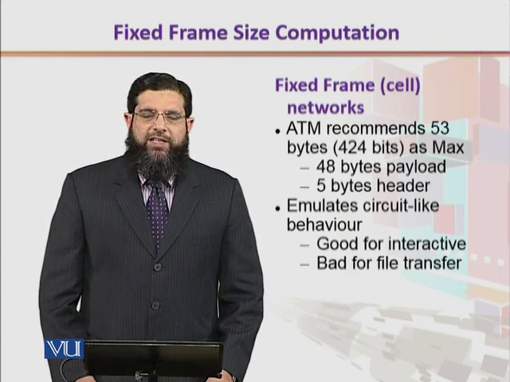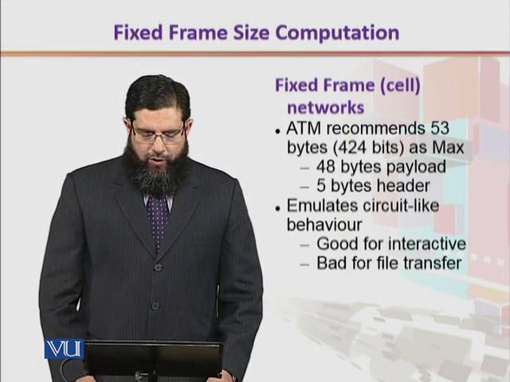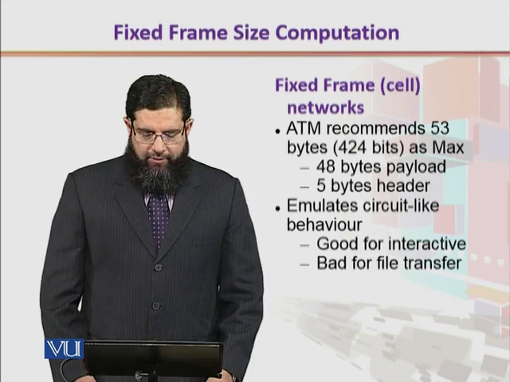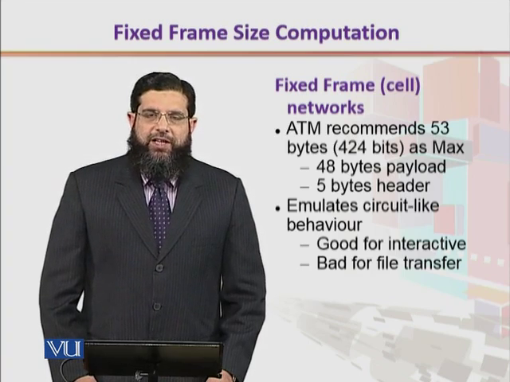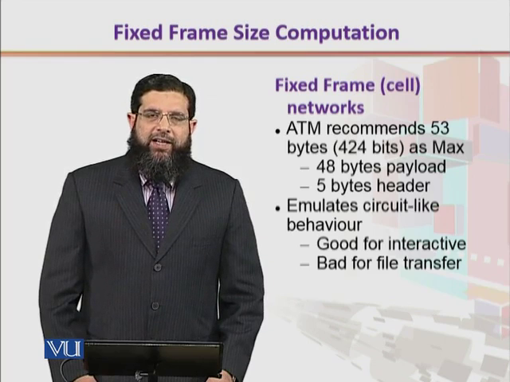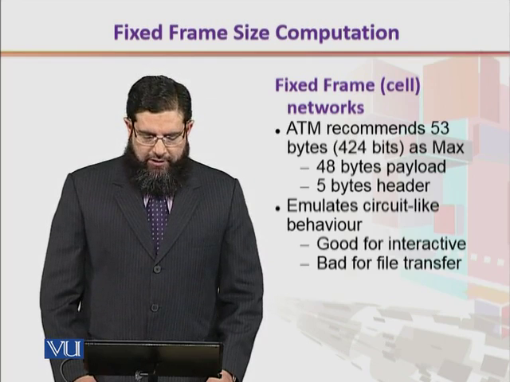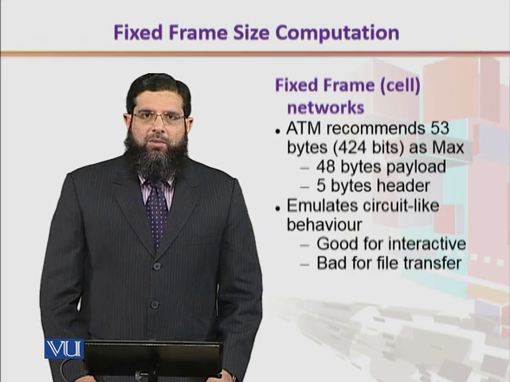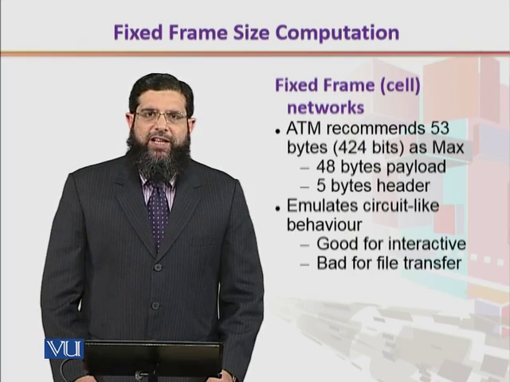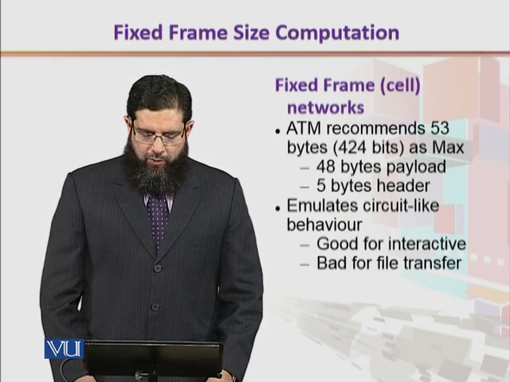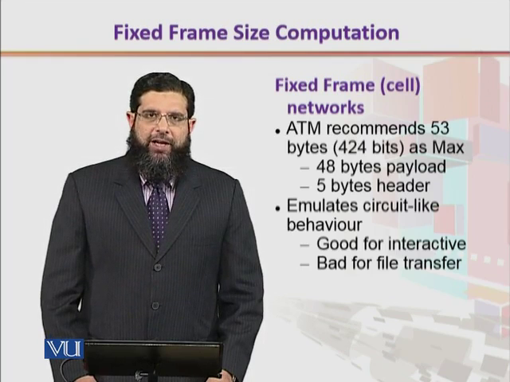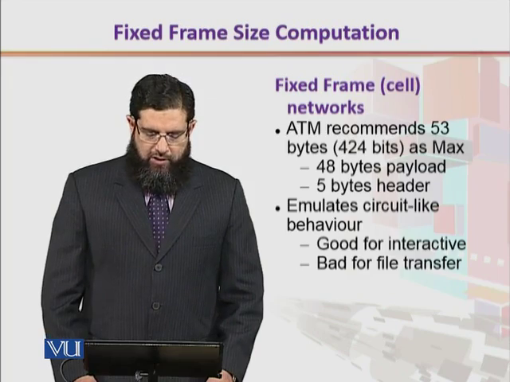On the contrary, ATM recommends a fixed cell size of 53 bytes with 48 bytes worth of payload and 5 bytes of header. 424 bits in terms of payload is a good representation of the mathematically determined optimal value of the frame size if real-time voice and video have to be serviced by the network. So the ATM cell size is really good for interactive and audio-visual applications, but it certainly is not good for file transfer.